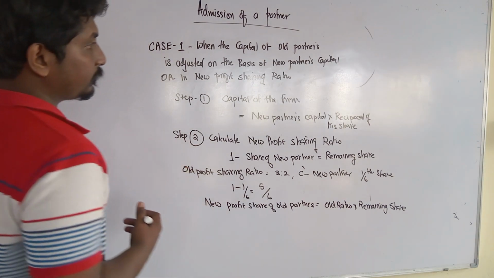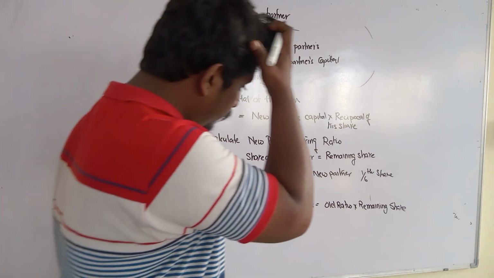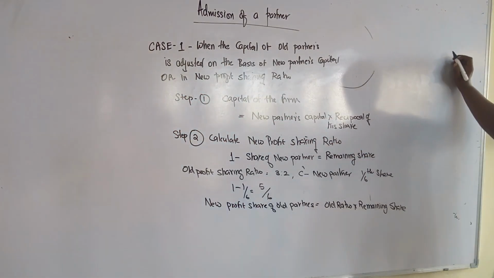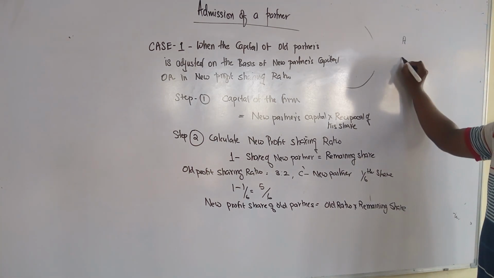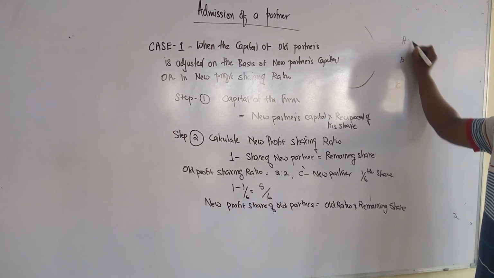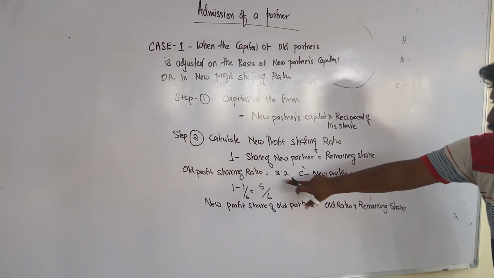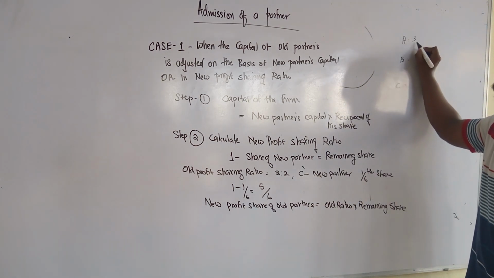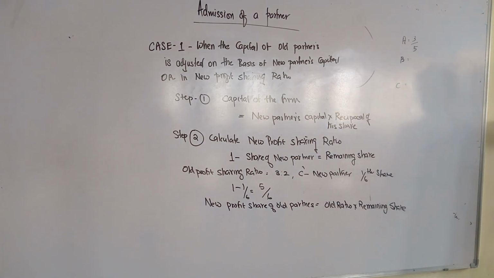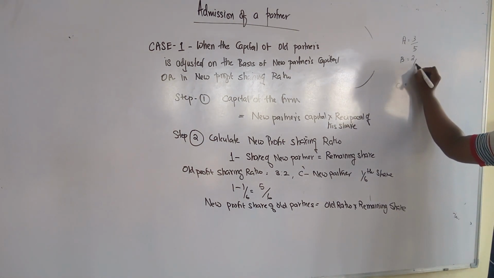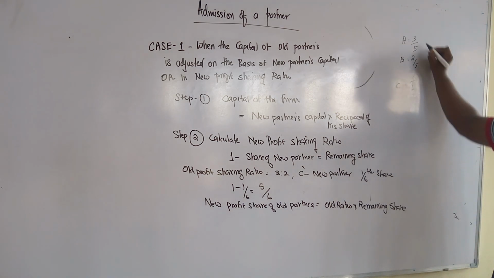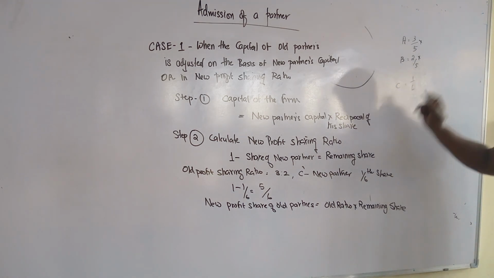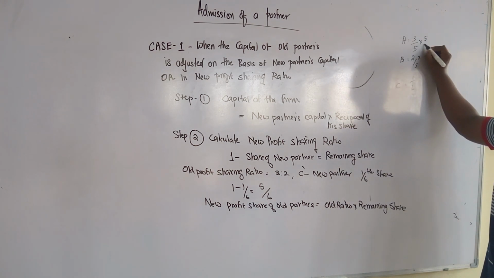So it's very simple. The old ratio of A, B, and C. Let's say the old ratio is 3:2, which means 3 by 5 for A, and for B it's 2 by 5, and C is admitted for a 1 by 6 share. So old into remaining share, remaining is 5 by 6.